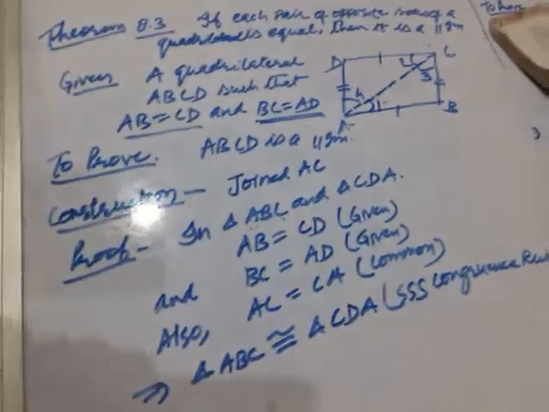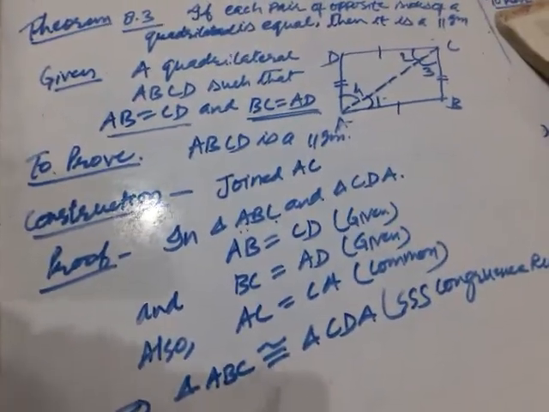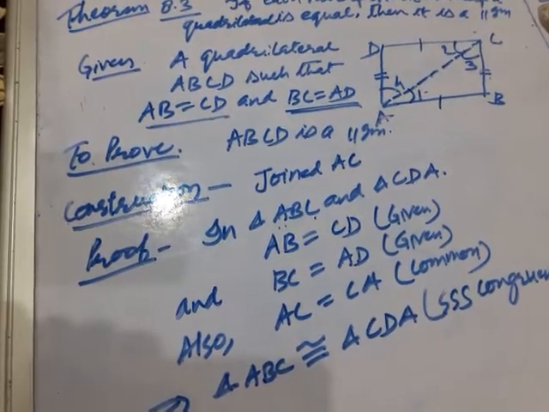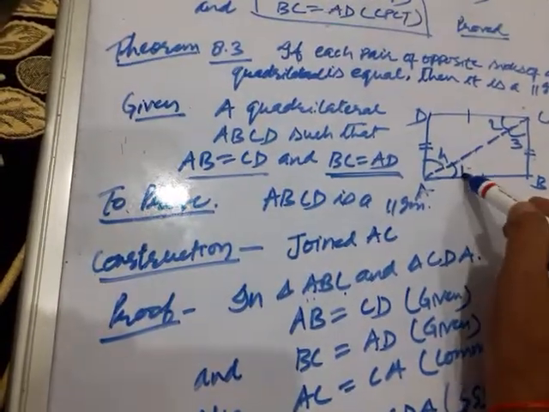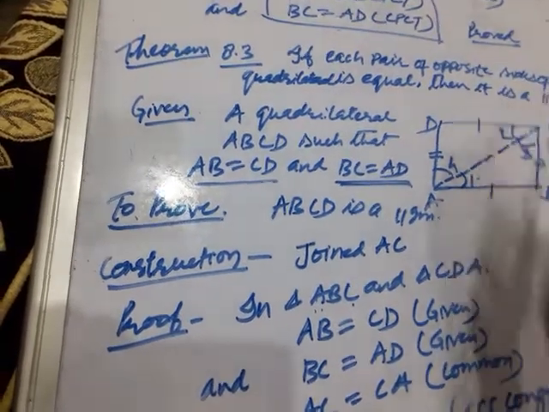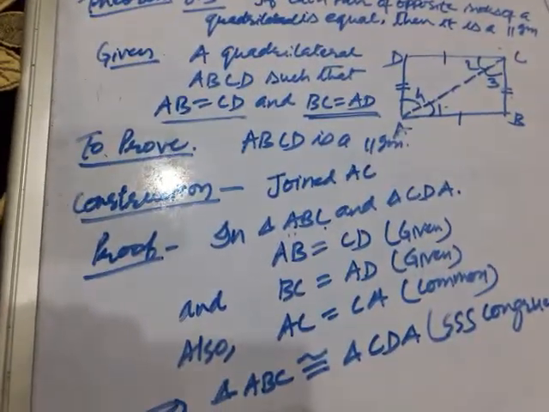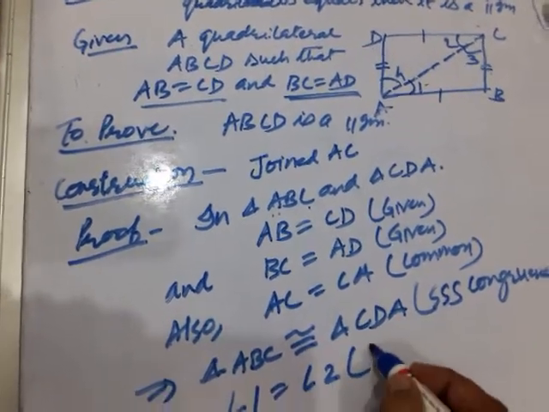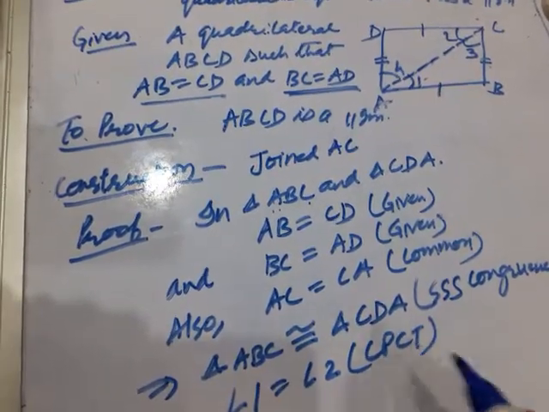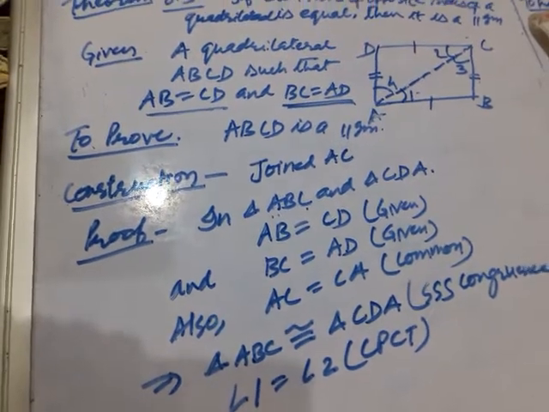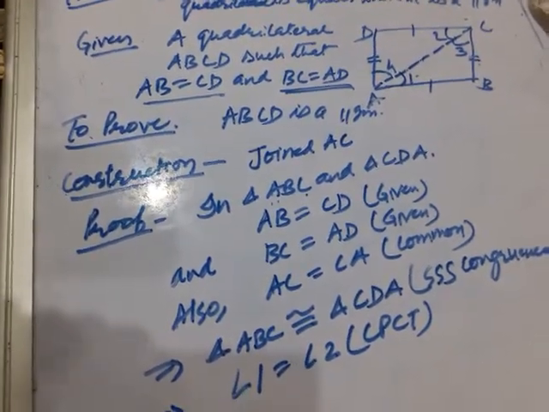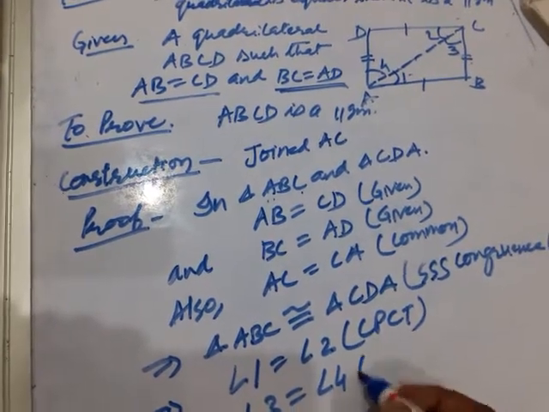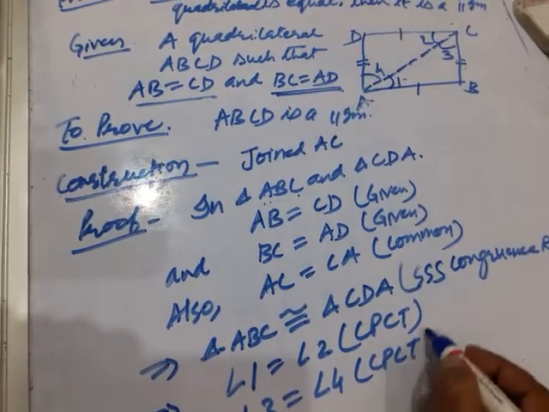This triangle is congruent to this triangle, which implies angle 1 equals angle 2 by CPCT, and angle 3 equals angle 4 by CPCT, because the two triangles are congruent.